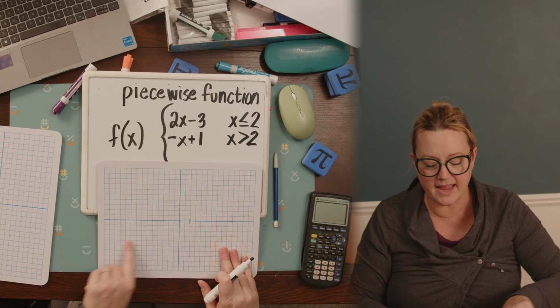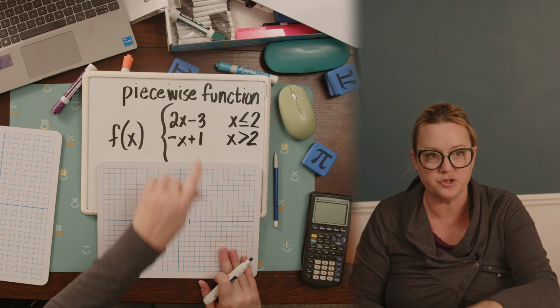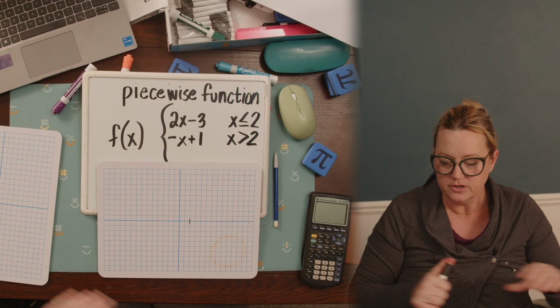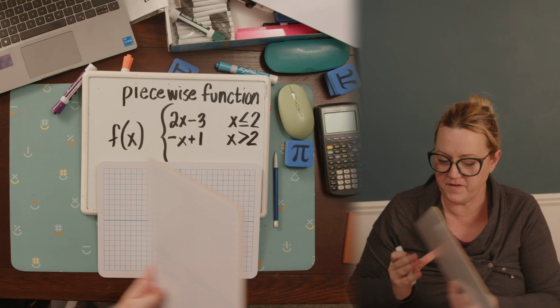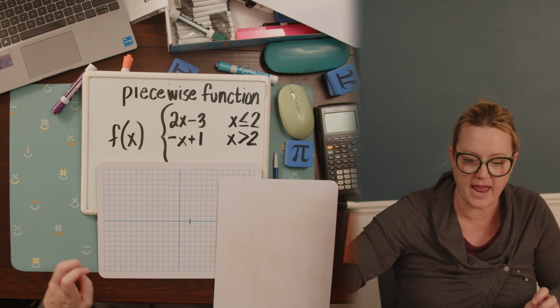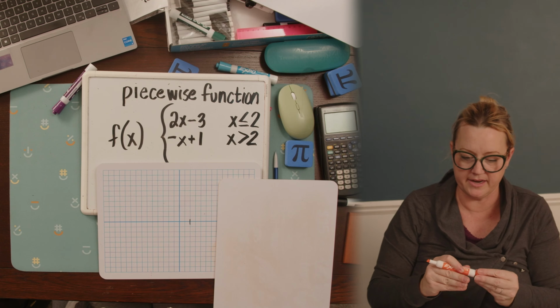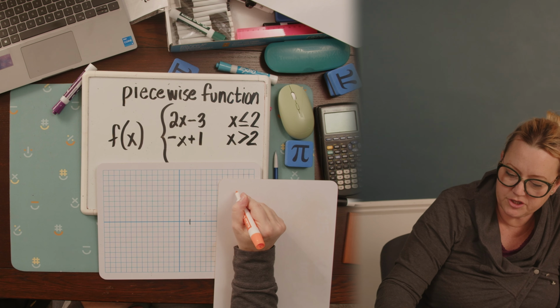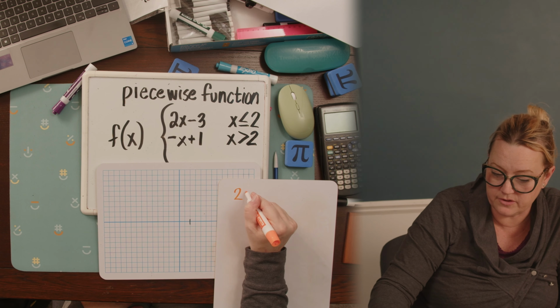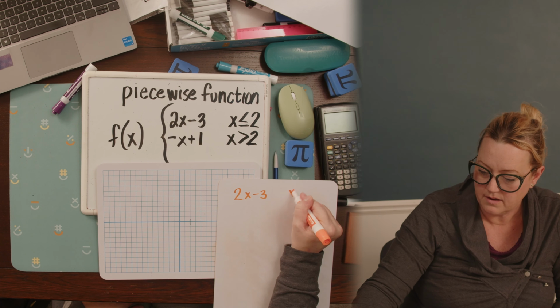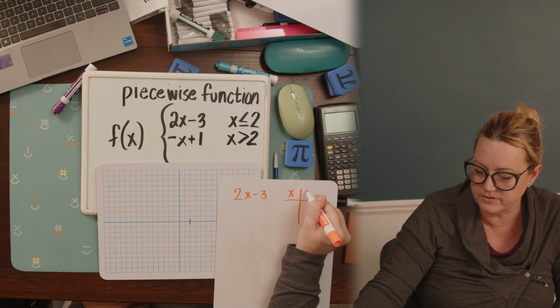So anything less than over here is going to be 2x minus 3. So when x is 2, it follows 2x minus 3, so I'm going to do a table of values.